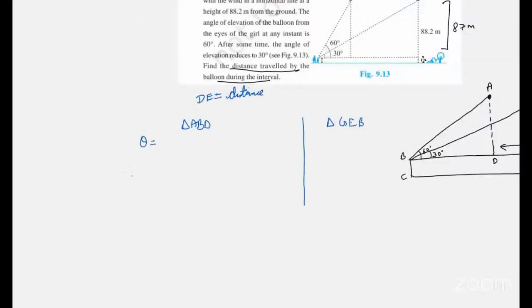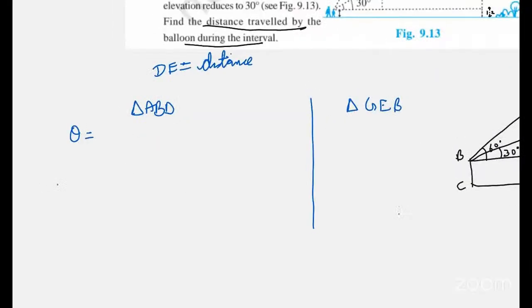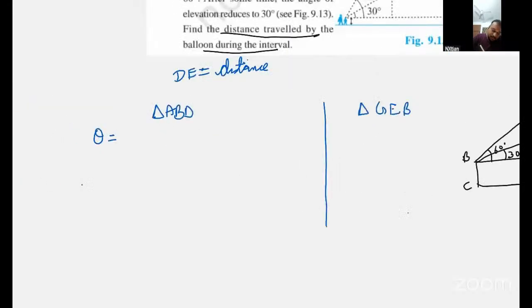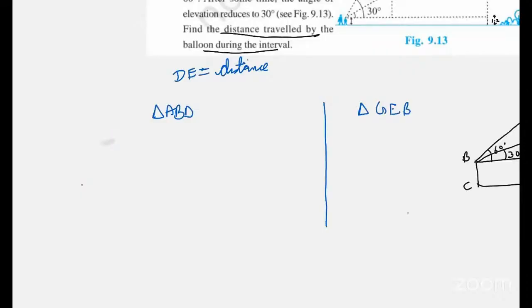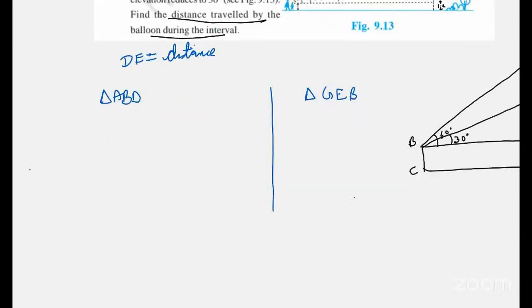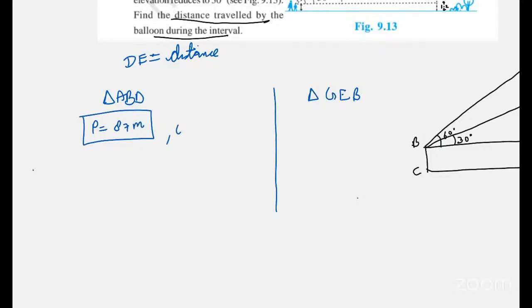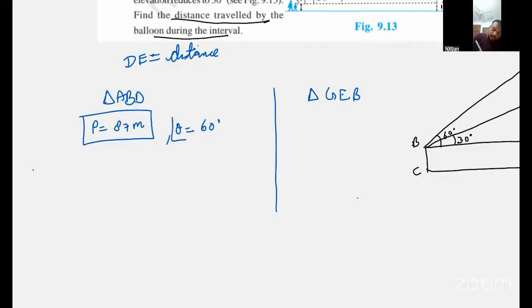Theta is 60 degrees. The perpendicular is 87 meter and theta is 60 degrees, and the base you have to find.